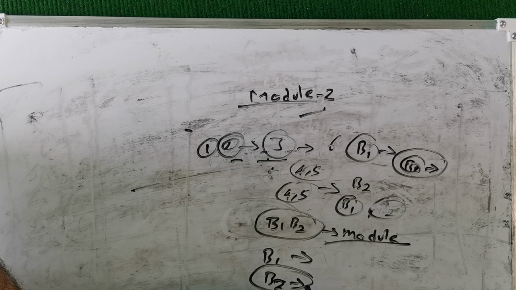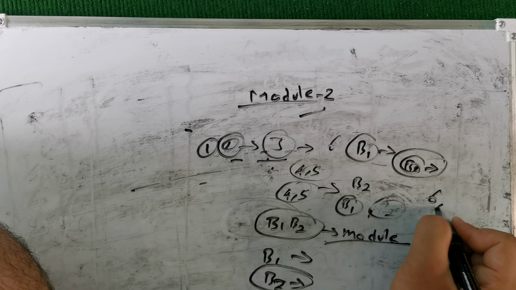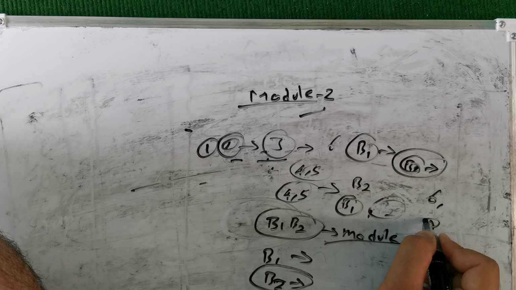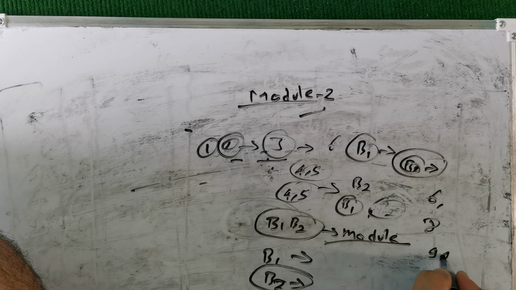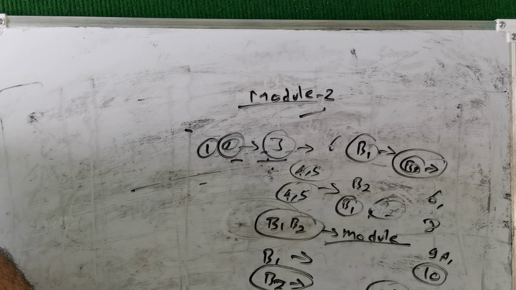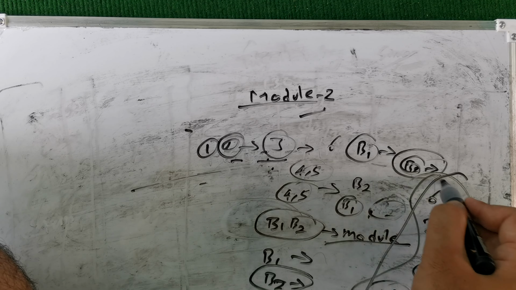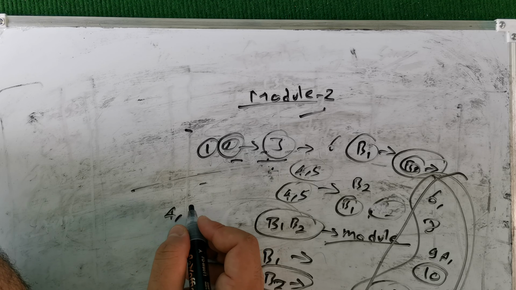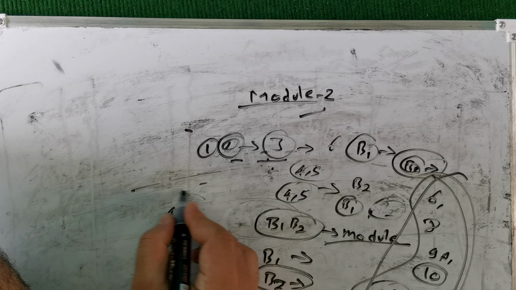Okay, we will go for 6, then after we will go for 8, and we will go for 9A also, 10 also, then after we will go for 17. If it is finished, then we will again return here to modules 4 and 5.